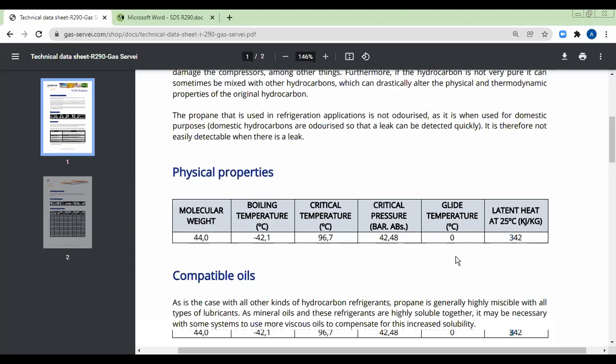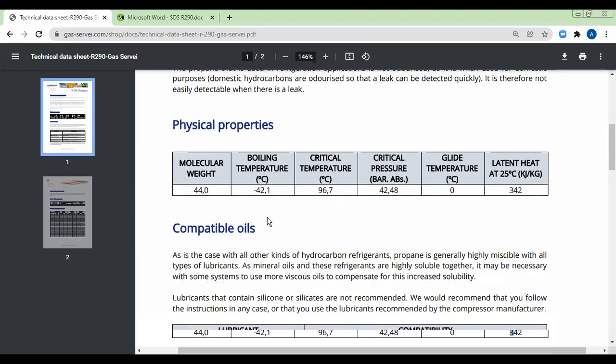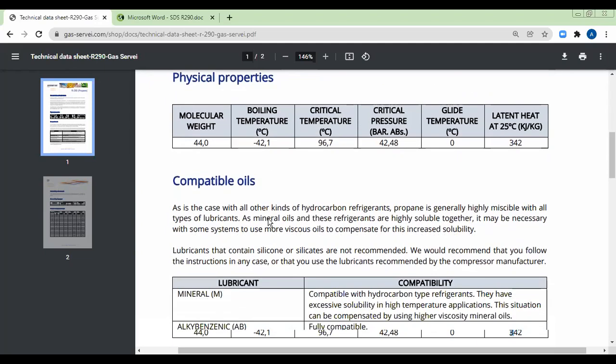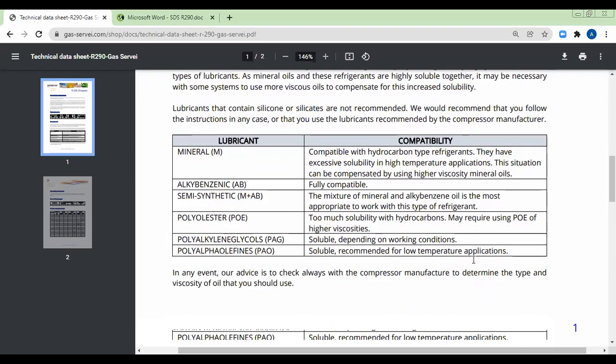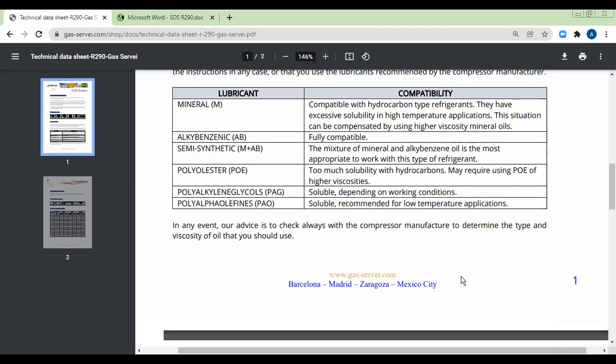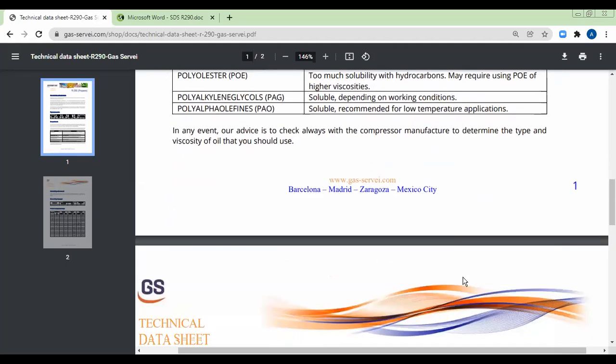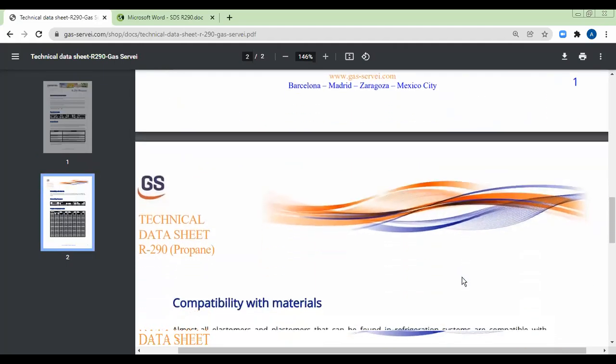So these are the physical properties. And this is about some compatible lubricants, meaning these lubricants have no reaction with this R290. Has no reaction. Interesting.